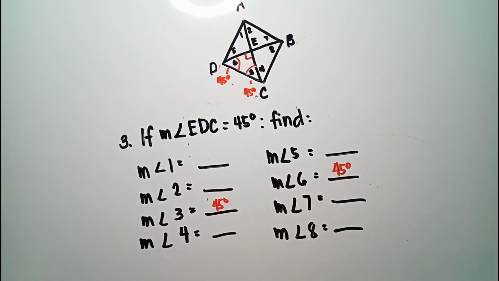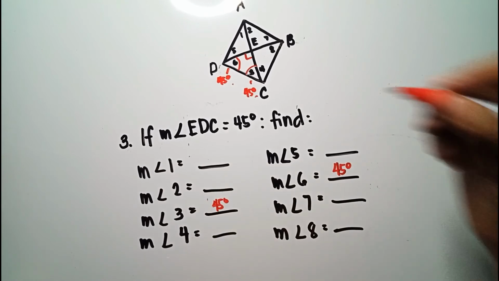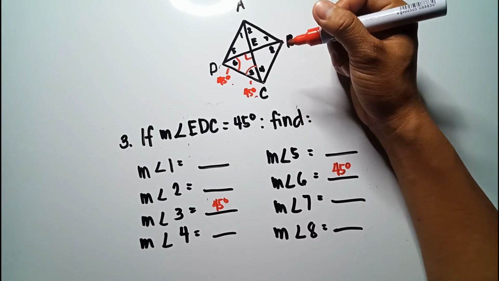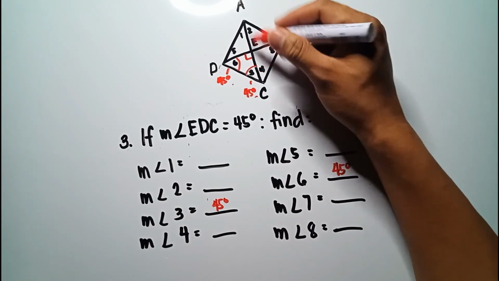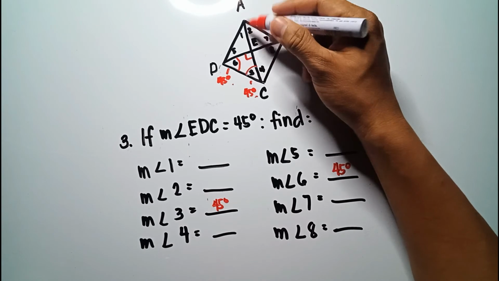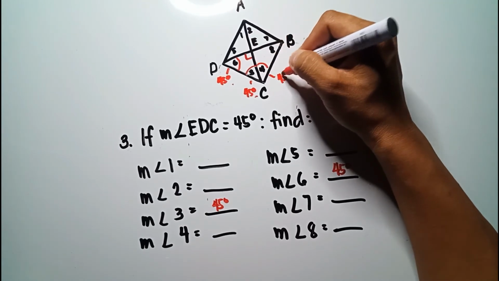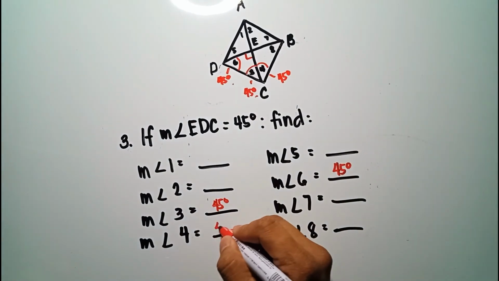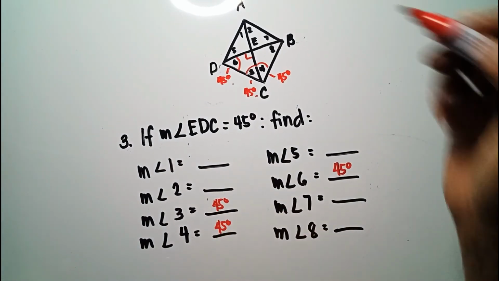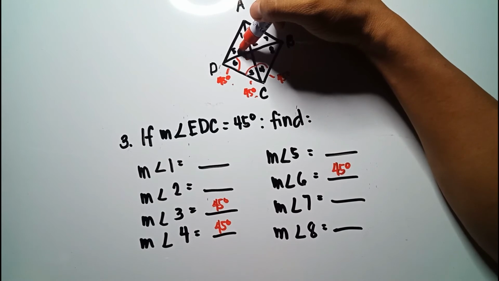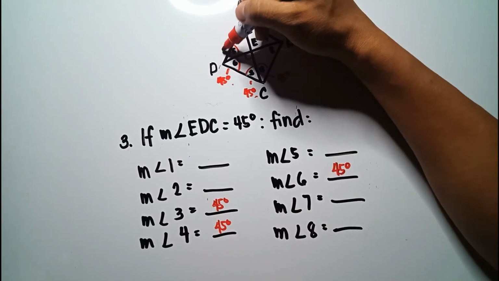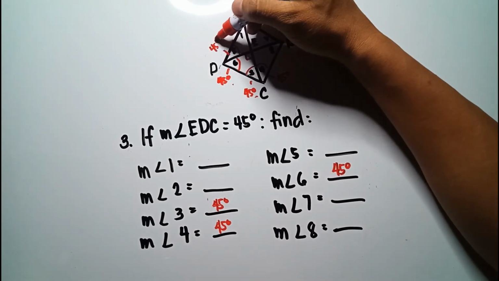How about angle 4? The diagonal of a rhombus is an angle bisector, meaning this is also 45 degrees. So angle 4 is 45 degrees. Also, this one is an angle bisector, so angle 5 is also 45 degrees.